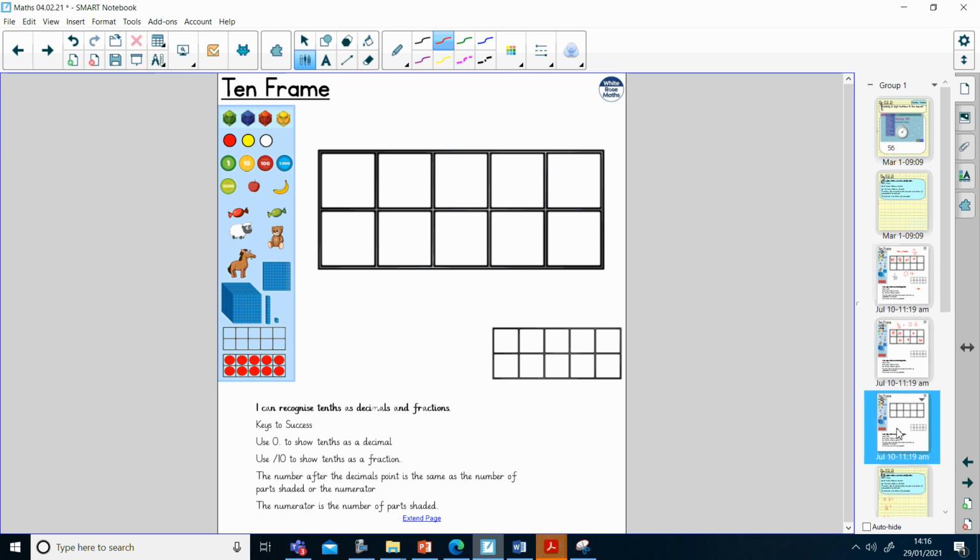Let's have a look at another one. This time I'm going to shade 0.9. And we're going to work out what the fraction will be. So we're thinking about tenths. So I know that my denominator will be 10.